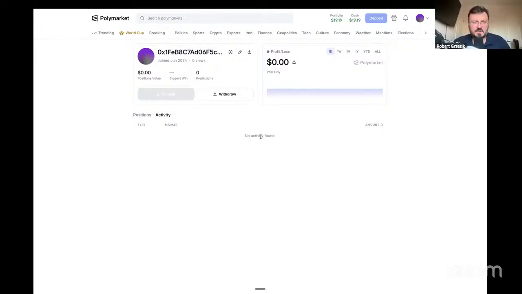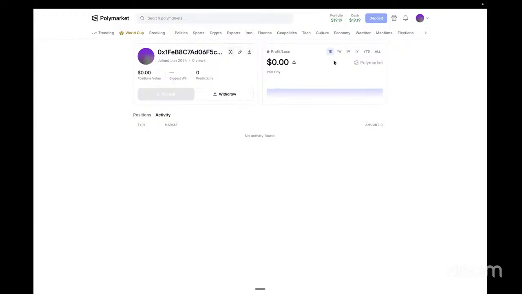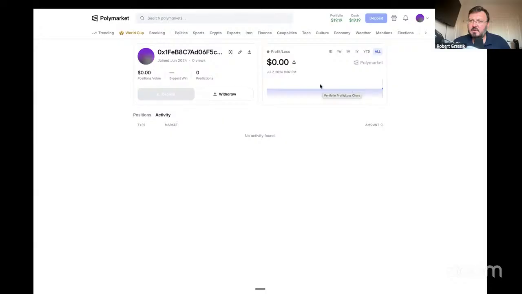No activity found. Why is there no activity? It did place trades, so I don't know why. Closed positions, closed profit loss. I don't know why it's not showing here. Maybe it did over the past week. No, I put it over all time. Nothing, huh? I don't get it.